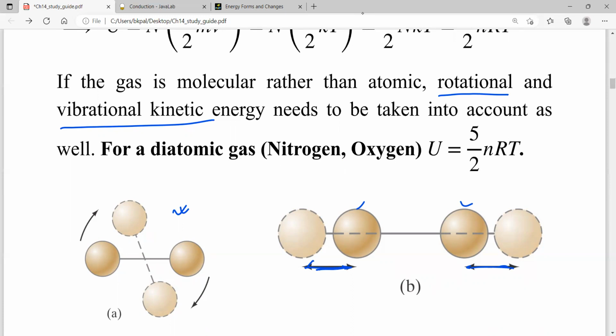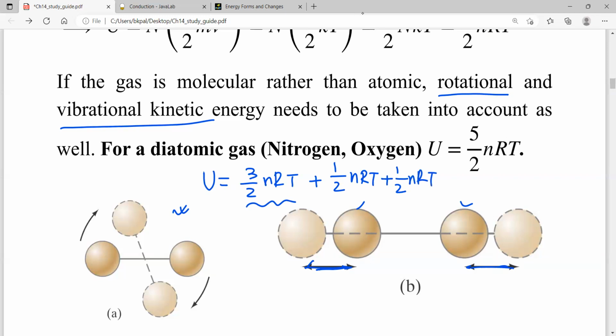All right, so I'm not going to derive it, but you can show by adding these 2 types of kinetic energy that the internal energy for a diatomic molecule is 5/2 nRT. Physically, you can show that 3/2 nRT is for translational motion, and then half nRT for vibrational motion, and another half nRT for rotational motion.